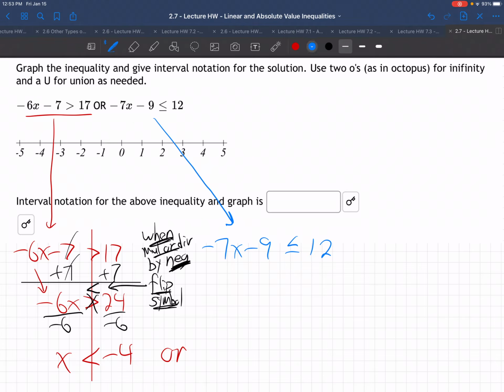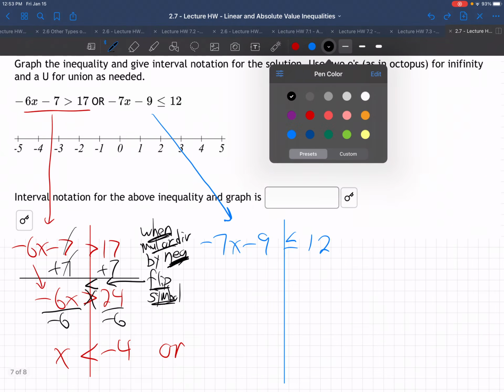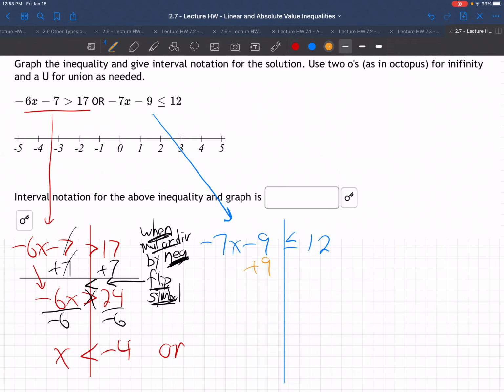What happens on the other side? Same kind of thing. Let me change the color, maybe easier for you to see. Add the 9 to both sides. It cancels out.